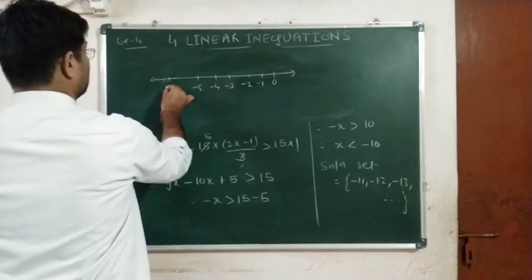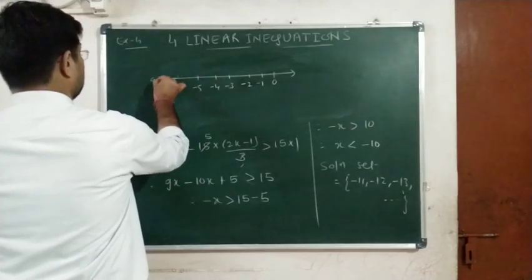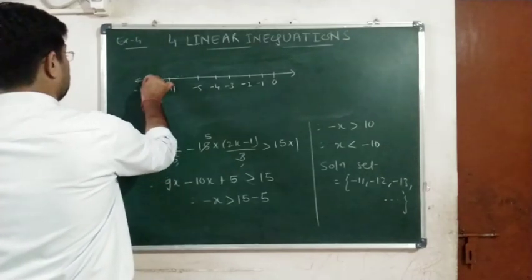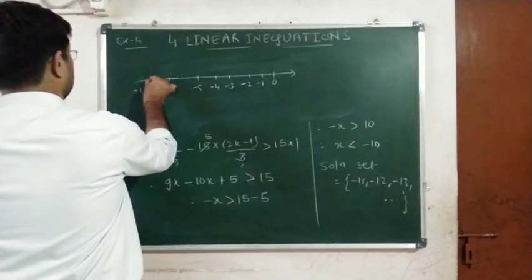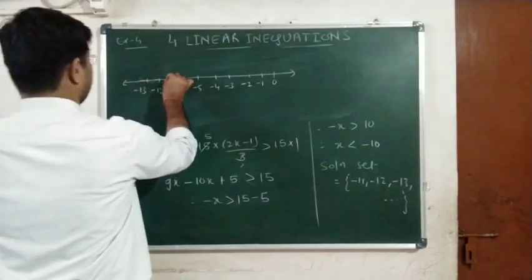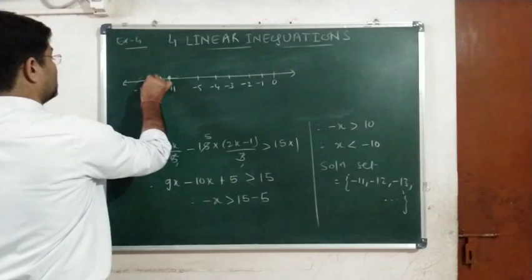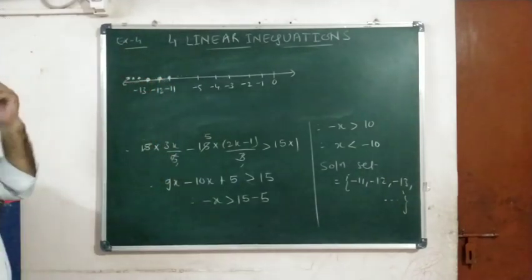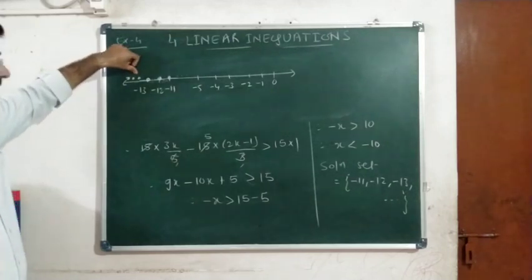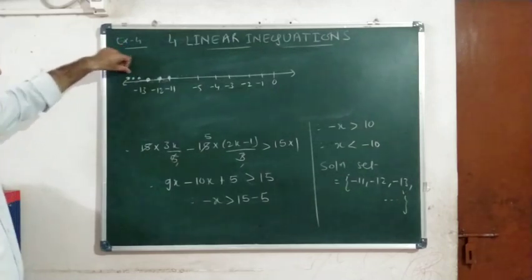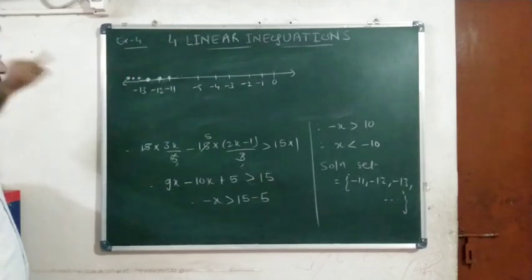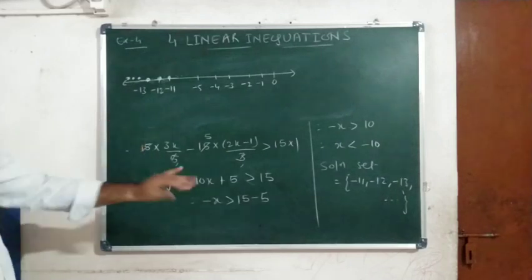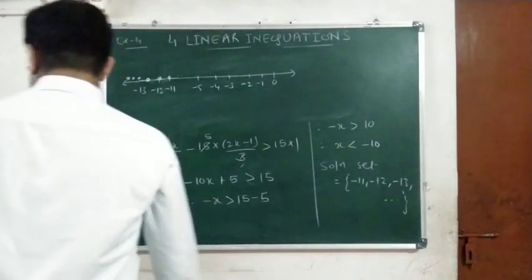We will get over here minus 11, minus 12, minus 13, like this, and so on. So we will put 3 or 4 points over here to show that the solution continues. Clear? So this is the representation of the solution on the number line.